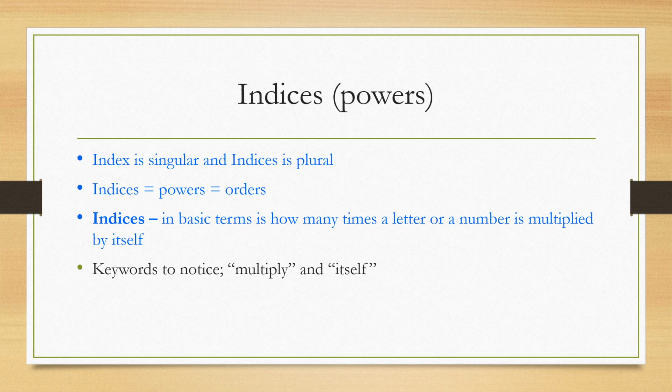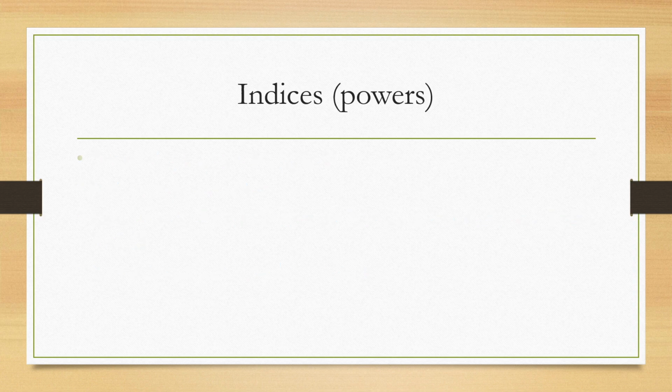So if it's addition and the same number or letter, then it would not be right to use indices. Or if it's multiplication but a different number or letter, indices would not be involved, because it would be wrong. So let's look further.